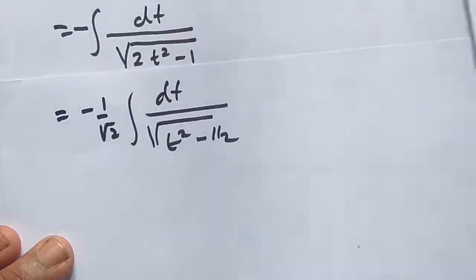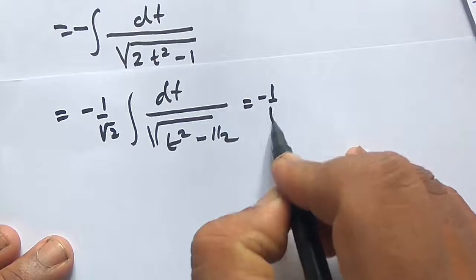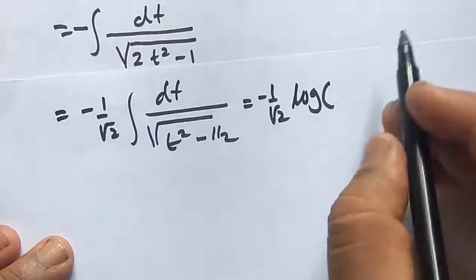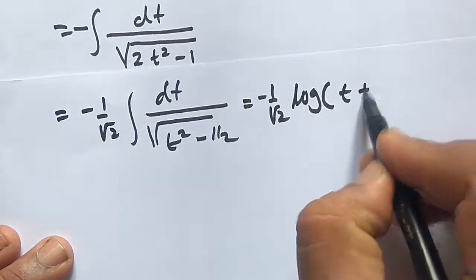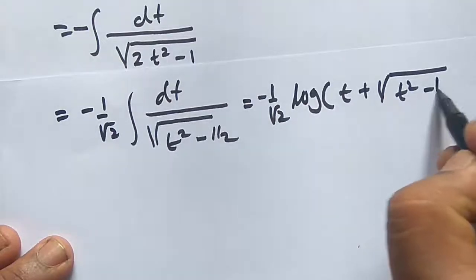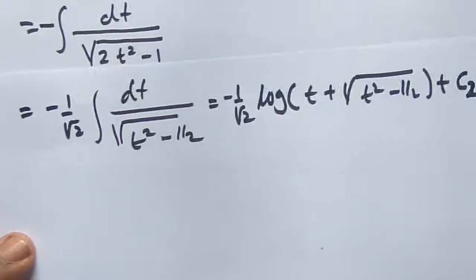So using this, it is equal to minus 1 upon root 2 log of t plus under root of t square minus 1 half plus c. We call it c2.